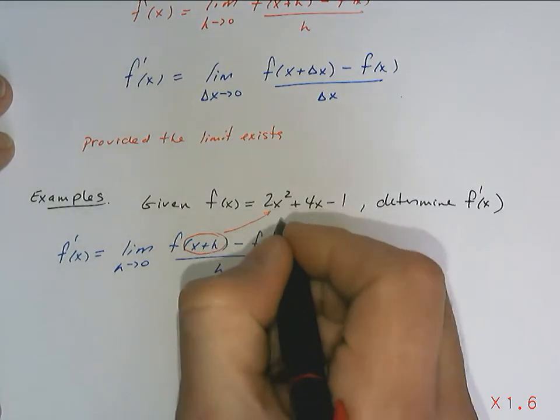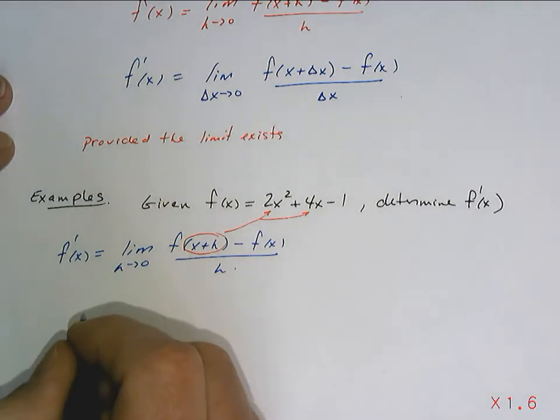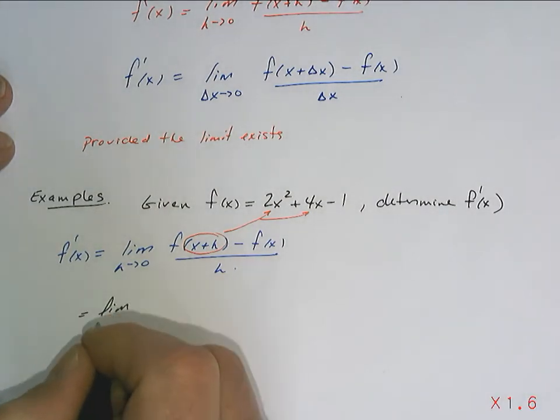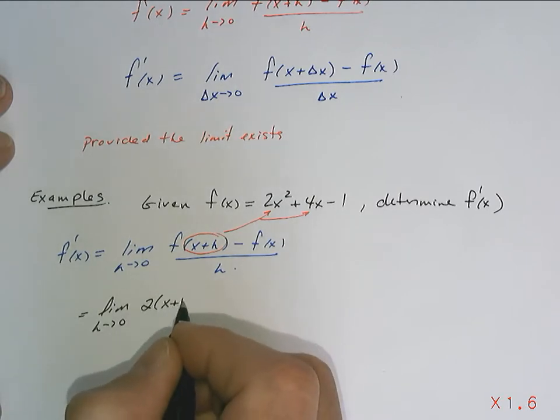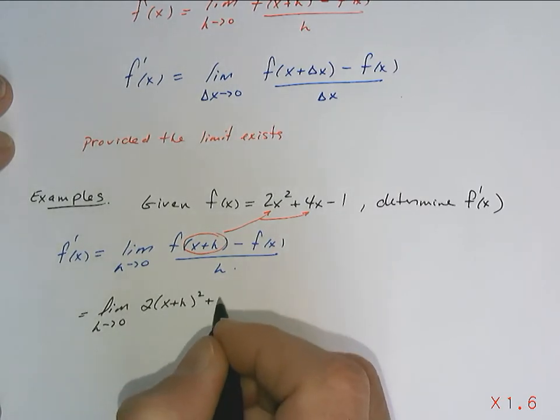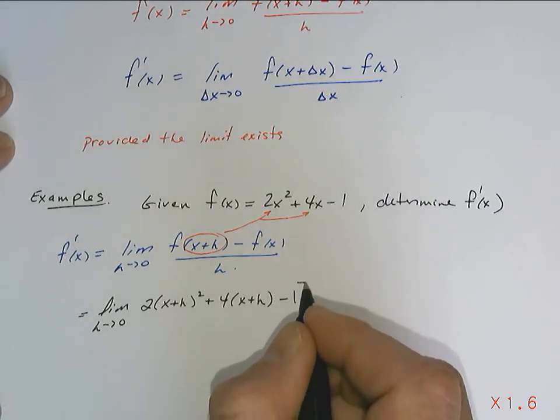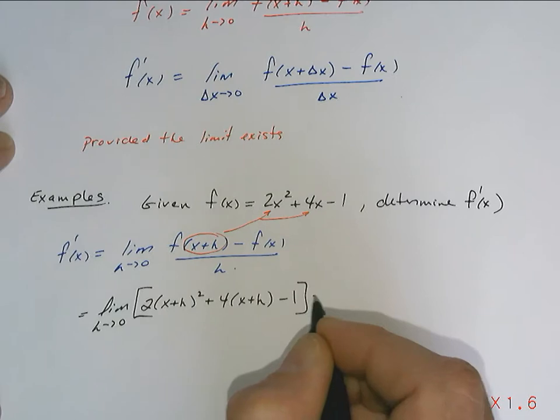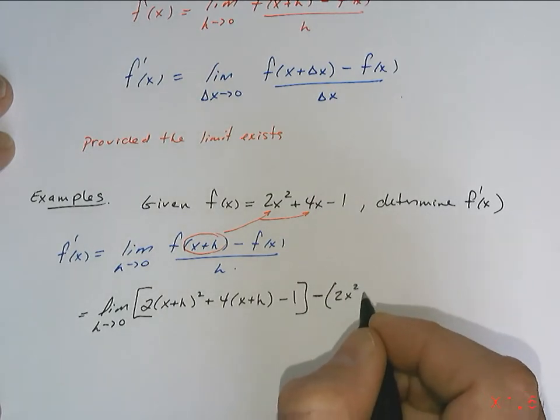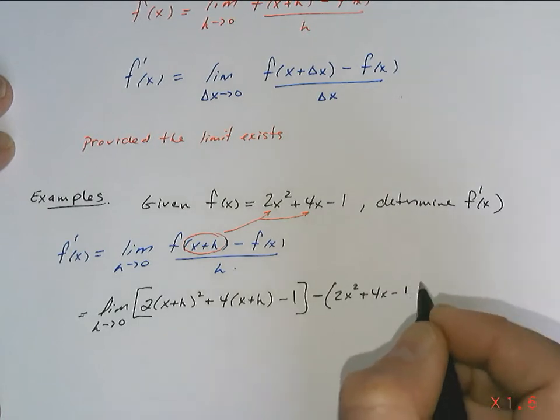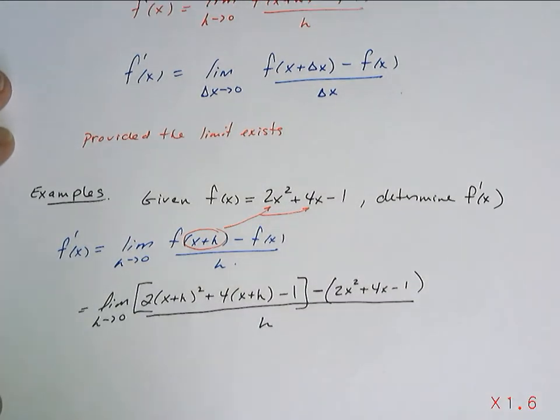It's going to go in everywhere there's an x as the following. It'll be the limit as h approaches 0 of 2(x plus h) squared plus 4(x plus h) minus 1, all subtract 2x squared plus 4x minus 1, all over top of h.